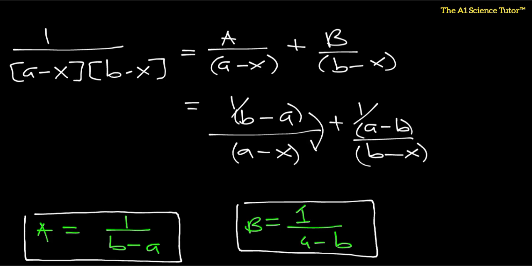Now I could take this stuff down as well as this one. So let us see what that's going to give us. That is going to give us something like this.